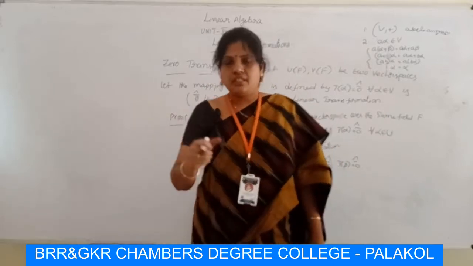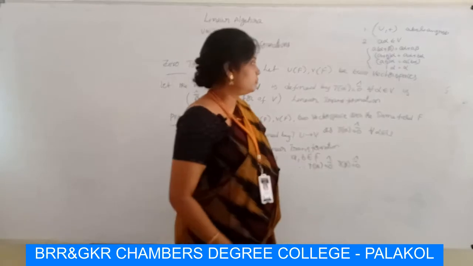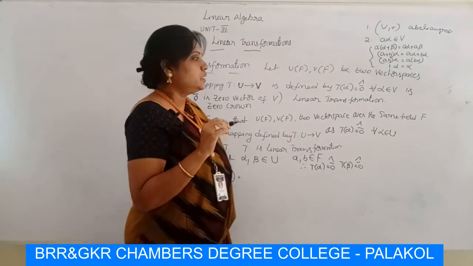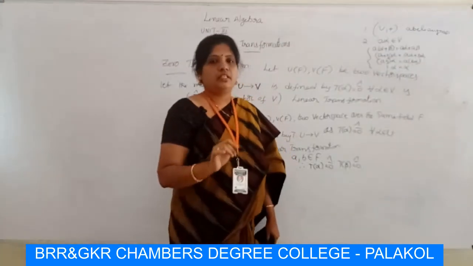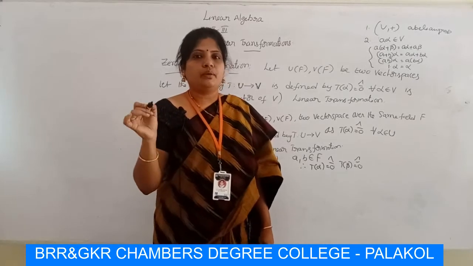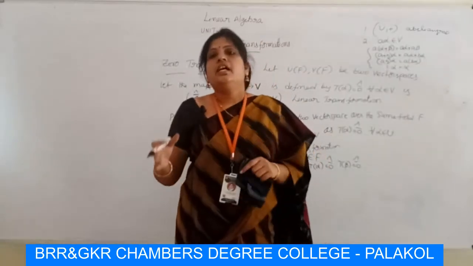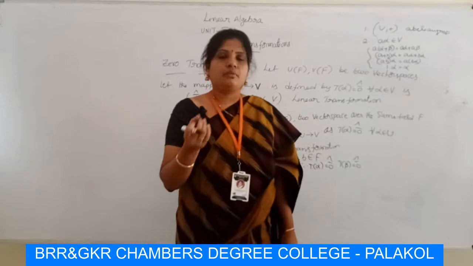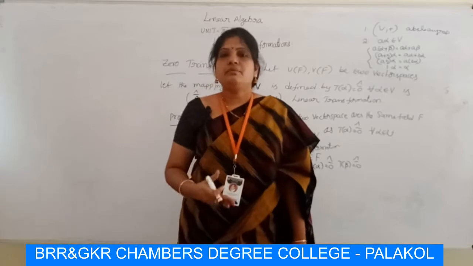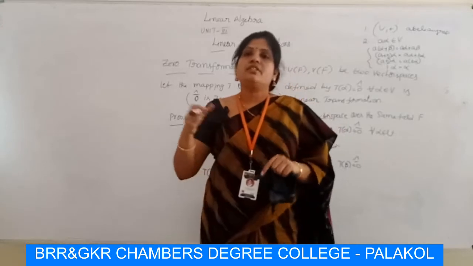W, a subset of V, is a subspace if and only if A alpha plus B beta belongs to W. Here is one theorem in vector spaces of the first unit: the necessary and sufficient condition for W to be a subspace of V is that A alpha plus B beta belongs to W. So if you have any subspace, then A alpha plus B beta belongs to W. That means A alpha plus B beta is an element of W. If A alpha plus B beta belongs to W, then we conclude that W is a subspace of V.